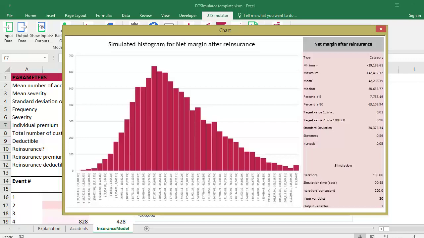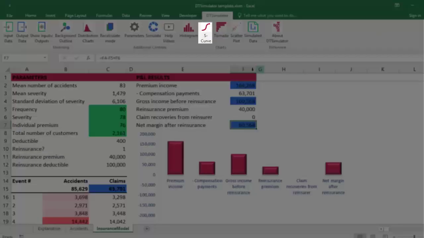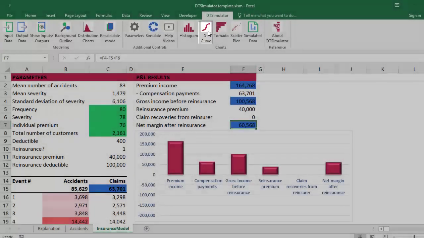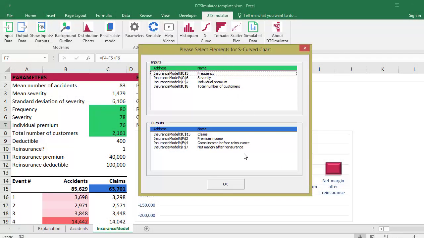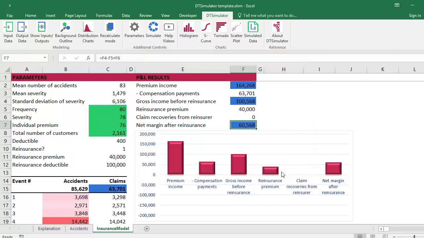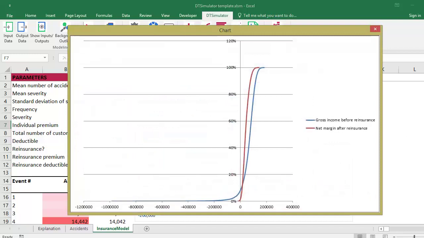Another way to compare both scenarios with or without reinsurance is by using the S-curve chart. 39. Click on the S-curve chart icon and respectively select both outputs, net margin before insurance and net margin after insurance. DT Simulator will generate the following comparison of the two simulated curves.